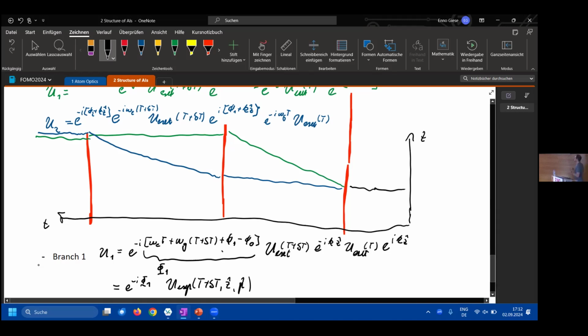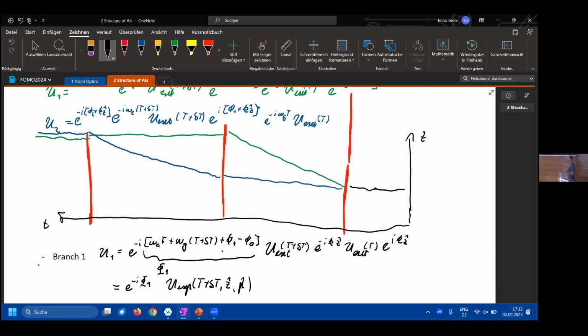We sandwich this function between the momentum displacement operators, and that means we just have the external motion of t and z and p plus h bar k. So for the first part, the upper arm is moving with increased momentum. And during the second period, the upper arm is moving again with the decreased momentum.